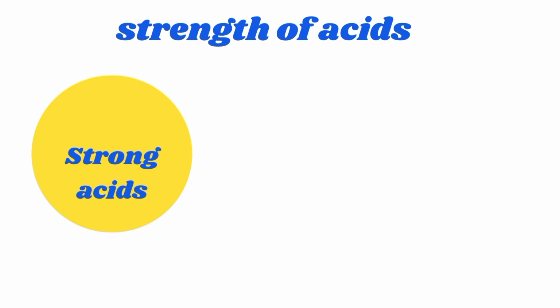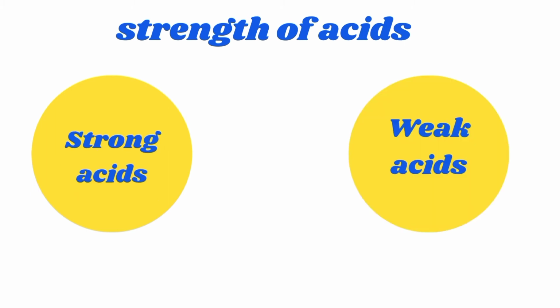Take note, the amount of hydrogen ion in an acid solution defines its strength. So based on that, we have both strong and weak acids. These are basically the two types of acids that we have based on the strength of an acid.